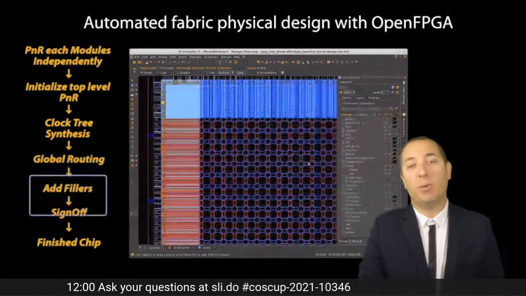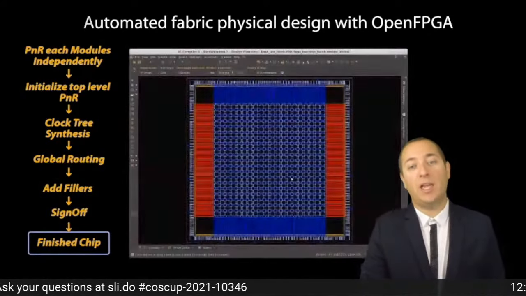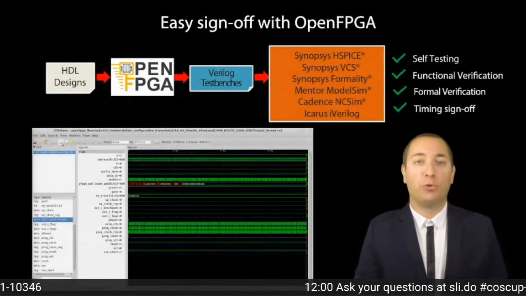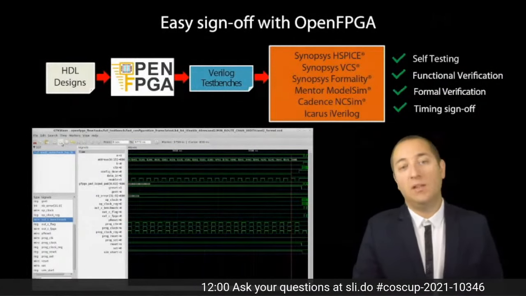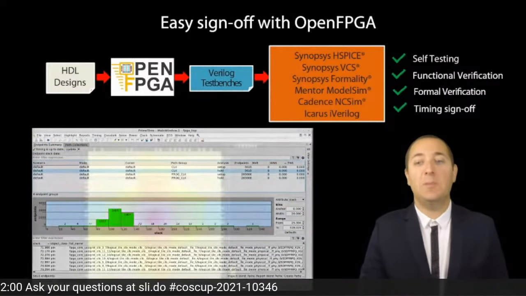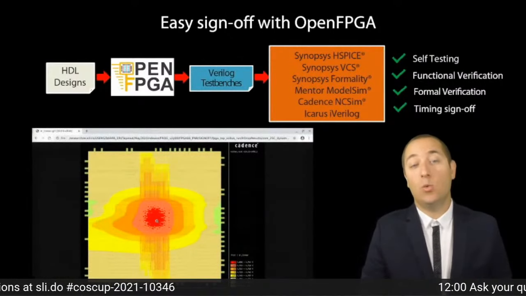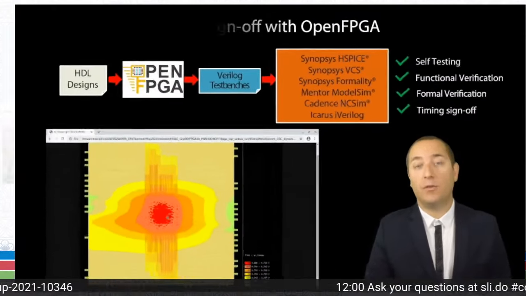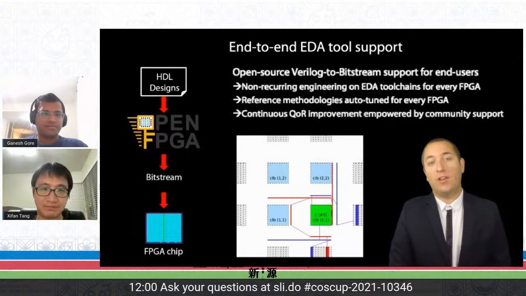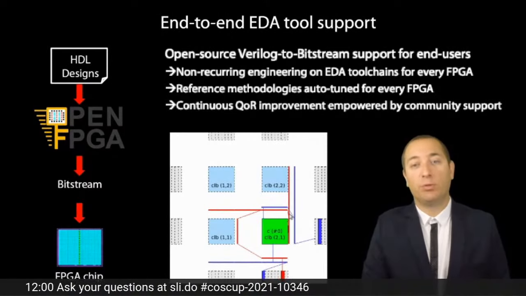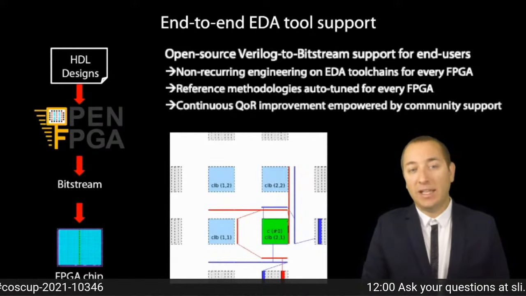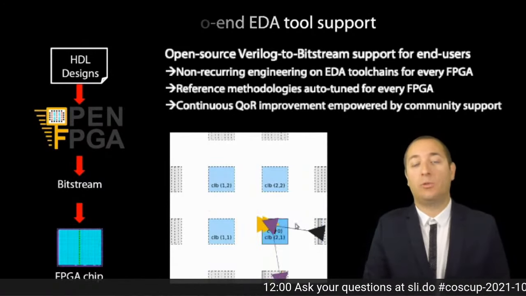By simply pushing buttons, your production-ready layout can be finished within 24 hours. We support a wide range of commercial and open source verification tools. This allows you to perform functional verification, formal verification, and timing sign-off in a quick and easy way, effectively making sign-off a one-man job. Tooling is a big software endeavor for an FPGA vendor. OpenFPGA provides end-to-end EDA tool support for any FPGA fabrics that can be described by our architectural description language.